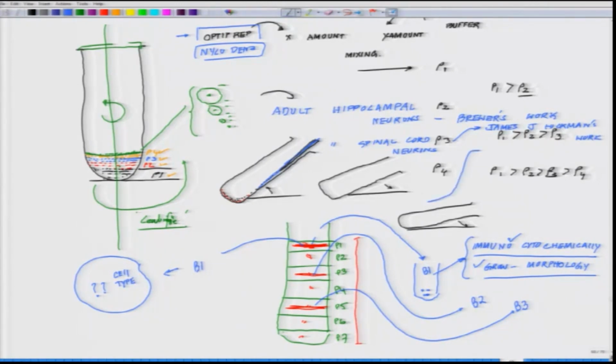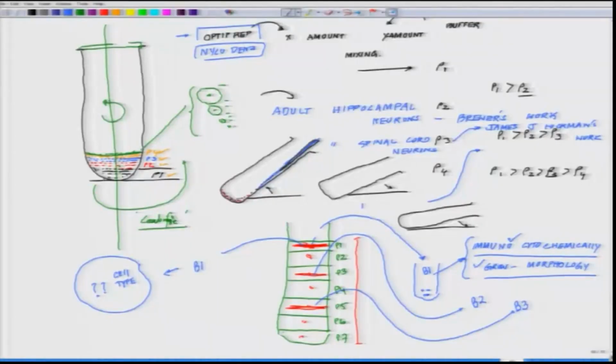Earlier to that, there was a very nice paper, very early, back in 1982 or 83. We talk about the adult, but there are people who separated out embryonic motor neurons. I haven't talked about that. I'll talk about it very soon in the next class: embryonic motor neuron separation.